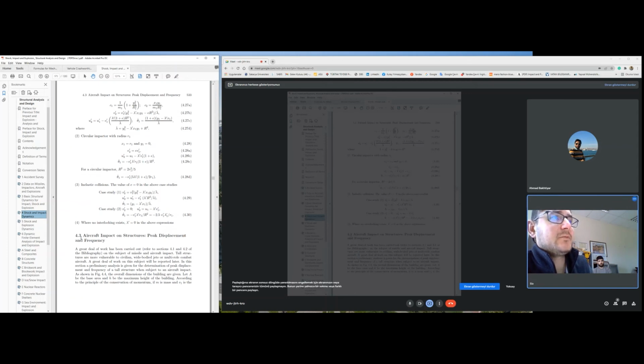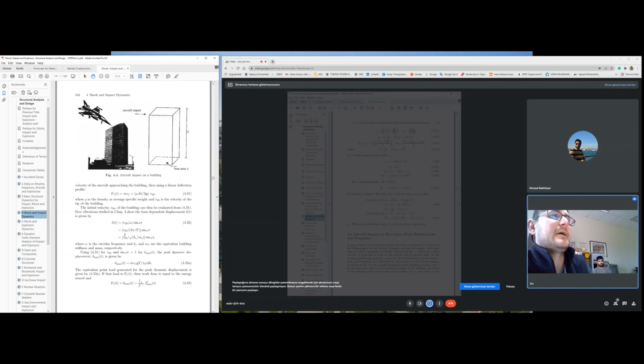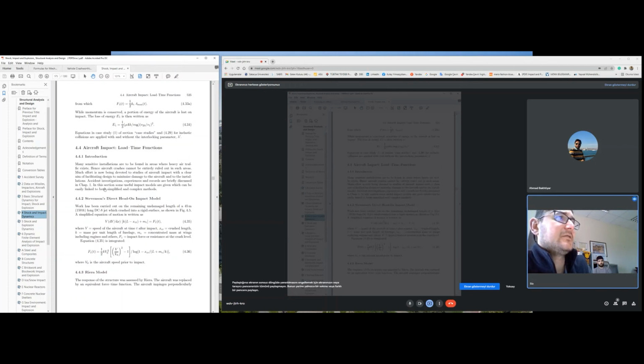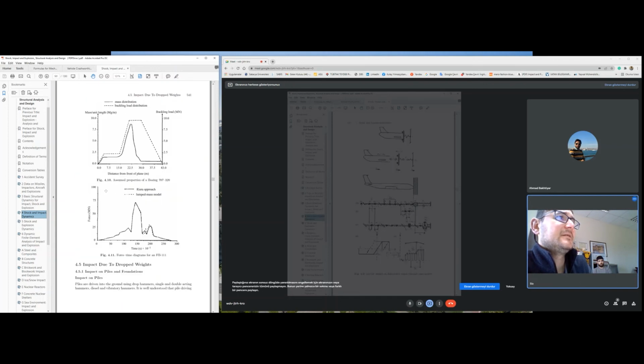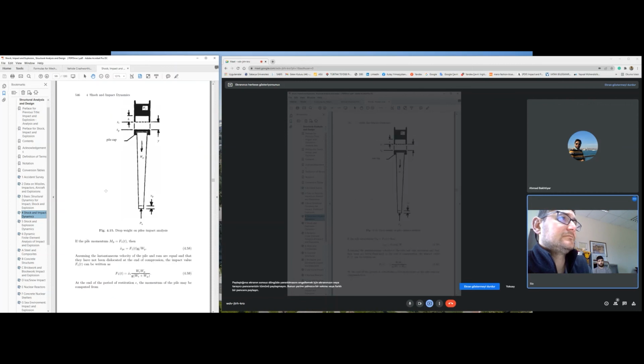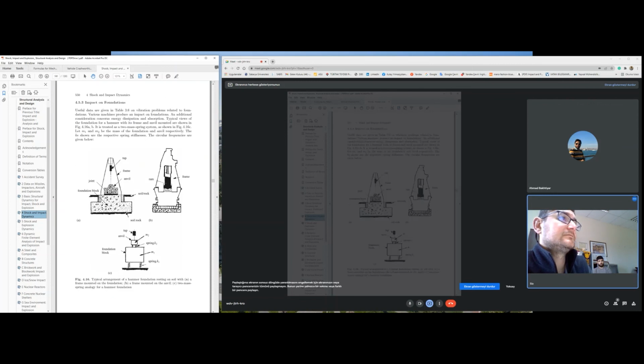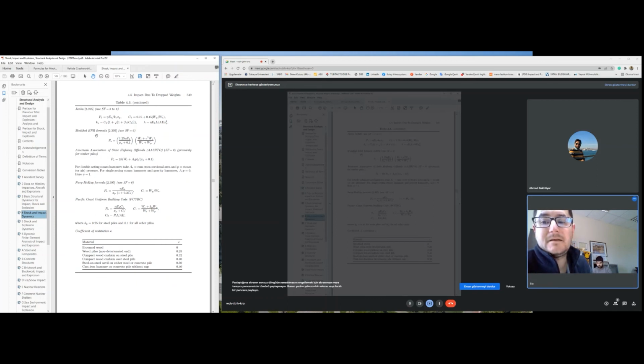For example, 4.3 is very far from our structure. Aircraft impact. This is not our issue. 4.4, again aircraft. We can pass it. We said that 4.5 is important.